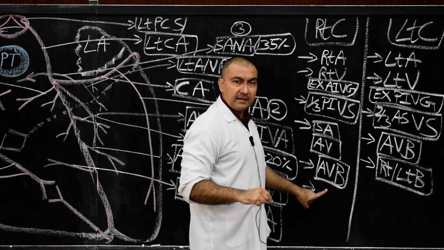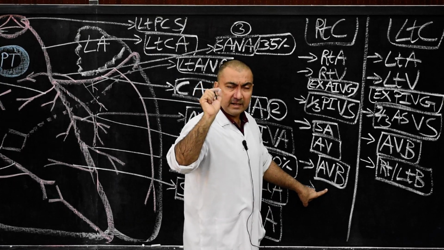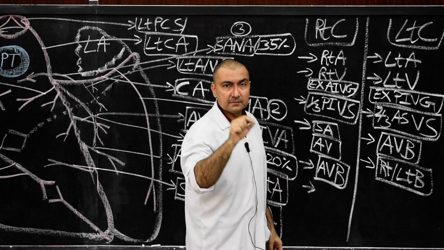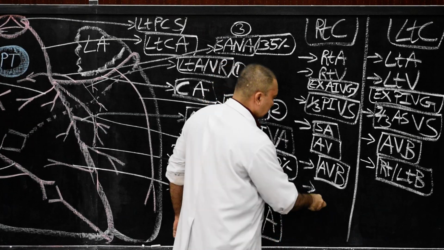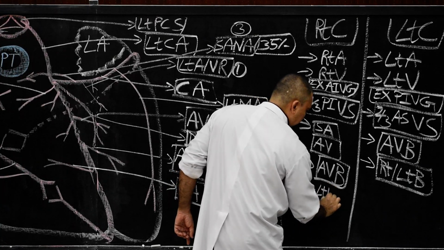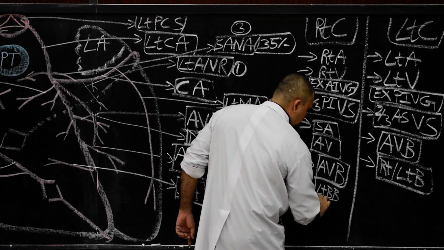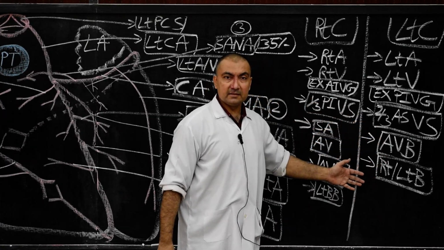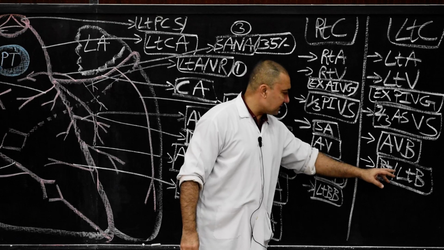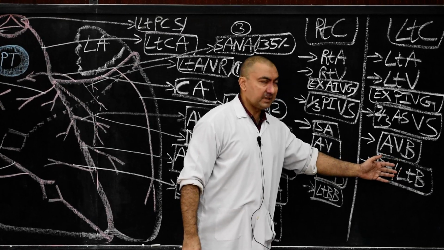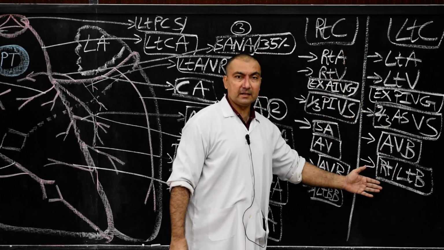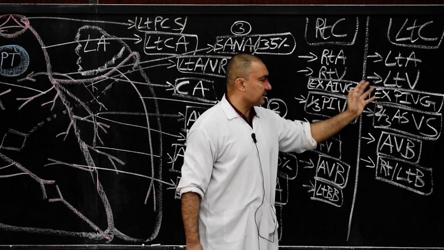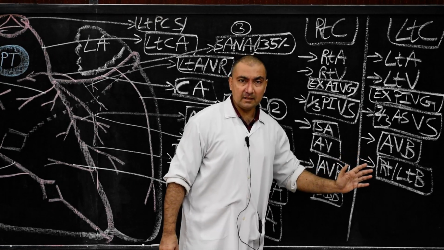The right coronary artery will supply some part of the left bundle branch. This is the distribution of the conducting system. Otherwise, both the right and the left bundle branches will be supplied by the left coronary artery. So here we complete the entire distribution based on the right and the left coronary artery in the heart.